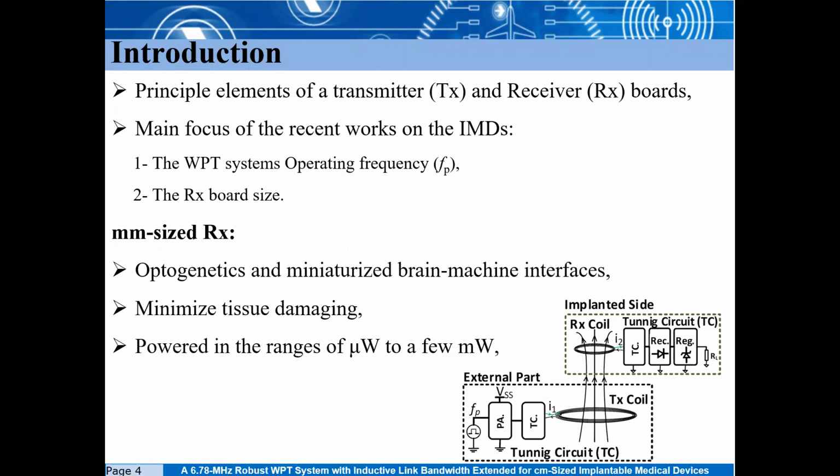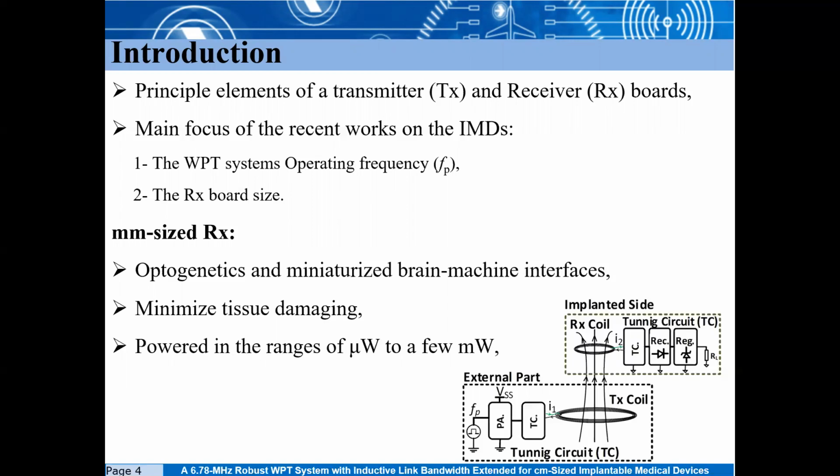The main focus of recent works on IMDs is the WPT system operating frequency and the RX board size. In some applications, including optogenetics and miniaturized brain-machine interfaces, the goal of RX design is to have millimeter dimensions to minimize tissue damage.